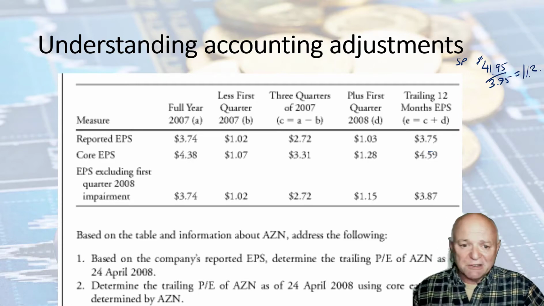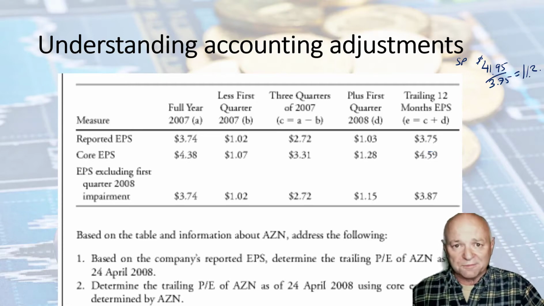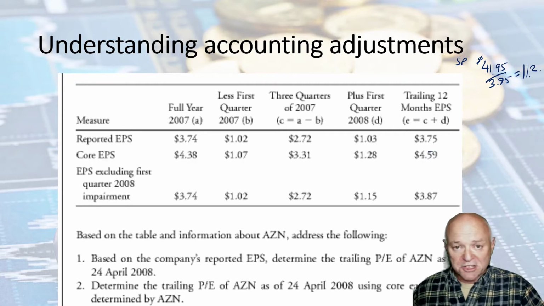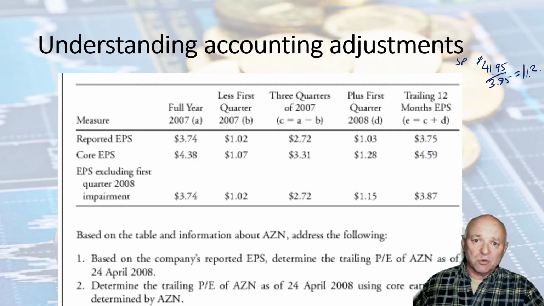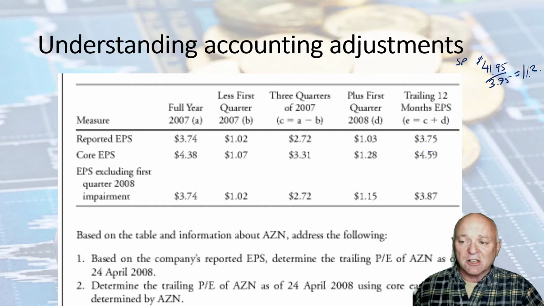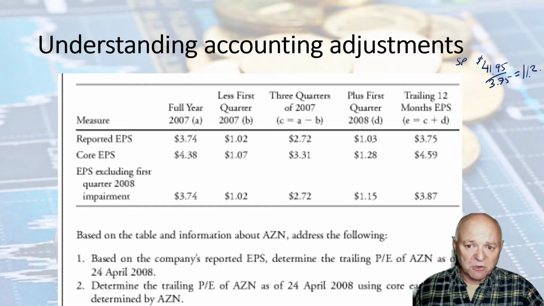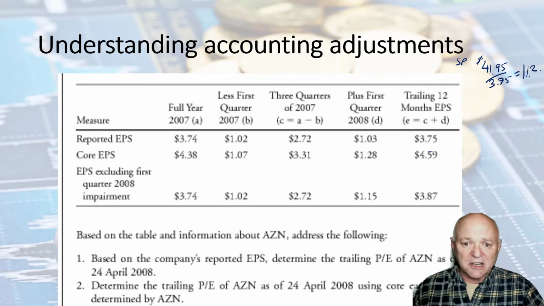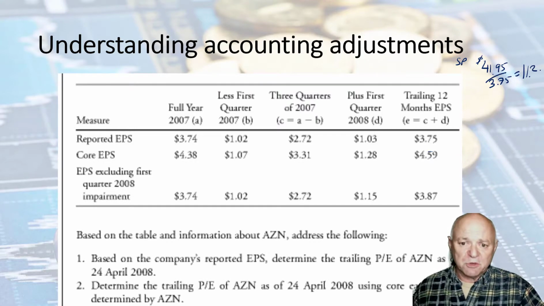Now here you can see they've also quoted something called core earnings per share, and that has stripped out some non-recurring expenses. For example, if AstraZeneca decided to write off part of its business, close down part of its business and write off some of those assets, then they made an adjustment taking the earnings as if they didn't have that non-recurring expense. In this case, they had $4.38 from 2007.